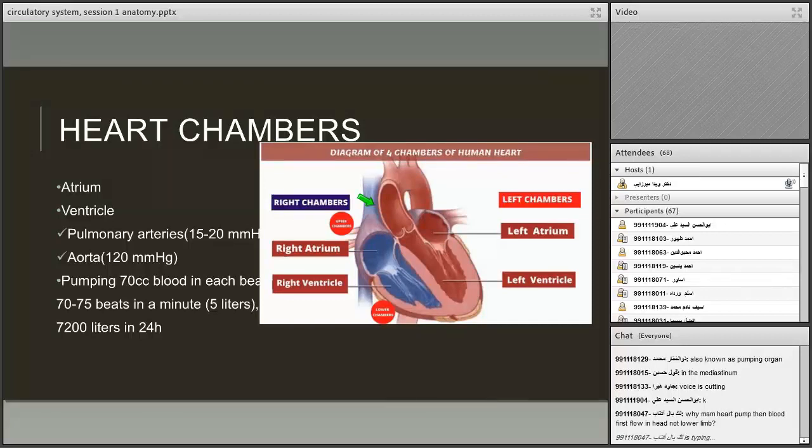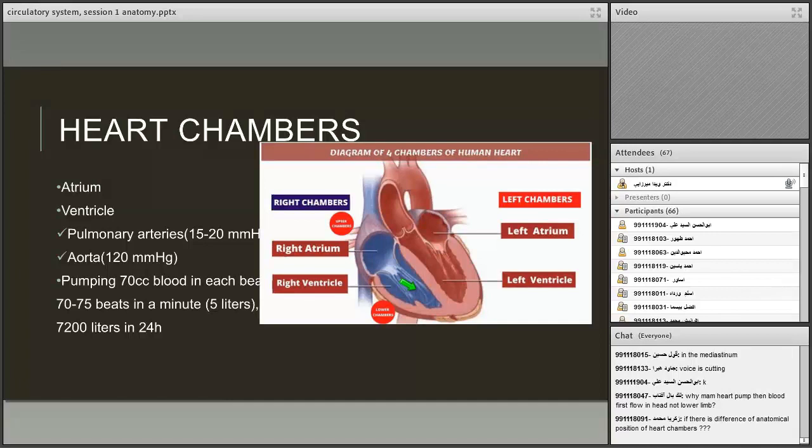The superior vena cava carries the deoxygenated blood from the head and the upper parts, and the inferior vena cava carries the deoxygenated blood from the trunk and the limbs to the right atrium. There is a valve, the tricuspid valve, between the right atrium and right ventricle. The blood will flow to the right ventricle.